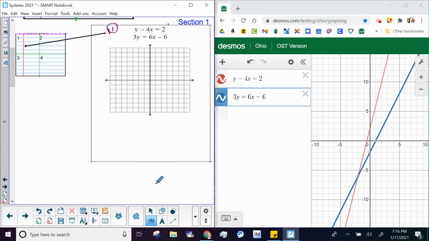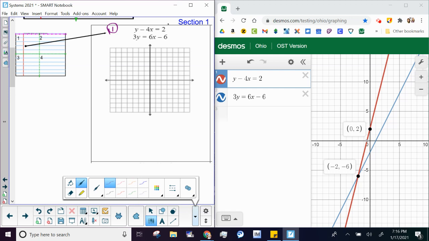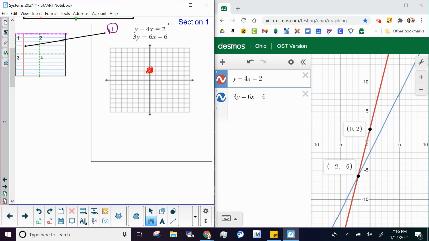Remember, whenever we do a rough sketch, we like to find 2 pretty points. So on this red line, I'm going to draw first. I've got the nice point (0, 2). Now this one is not so nice because it's a decimal, so I'm not going to use it. But I've got this point down here, which is (-2, -6). So I'm going to start by graphing those 2 points, and I'm going to use red. So (0, 2).